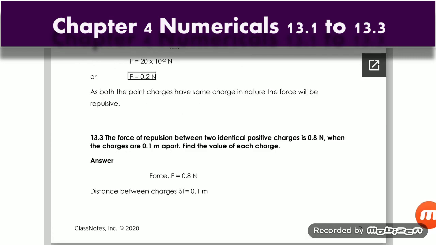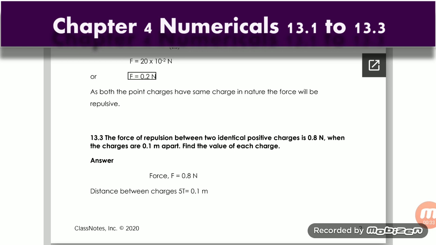Question number 13.3. The force of repulsion between two identical positive charges is 0.8 newtons when the charges are 0.1 meters apart. Find the value of each charge. Here we have the force of repulsion between the two charges, 0.8 newtons, and the distance. What we have to find is the value of the charge.